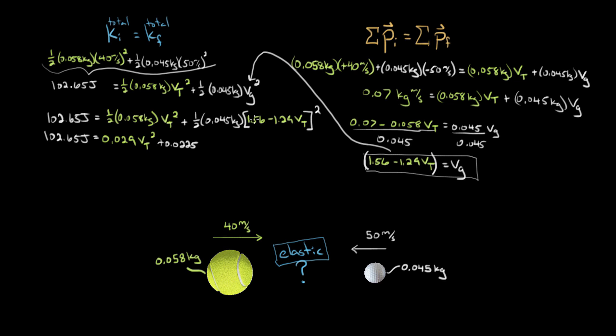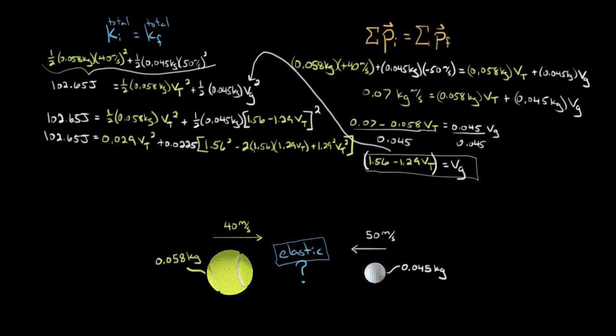If you ever have a minus b squared, the result is going to be a squared, which is 1.56 squared, minus 2 times the first one, 1.56, times the second one, 1.29 VT, and then plus the final element squared, b squared, which is going to be 1.29 squared times the velocity of the tennis ball squared.